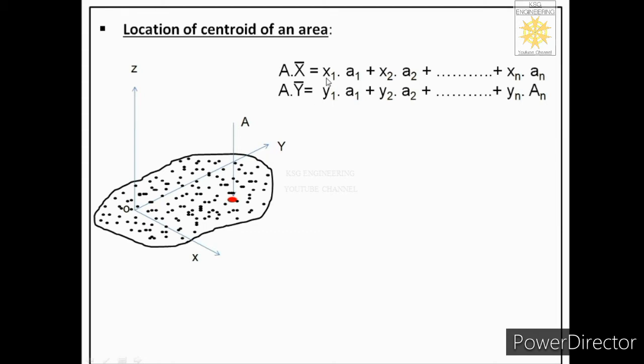So over here we have written A dot x bar equal to A1 dot x1, where x1 is the distance of, let us say, area A1. Let us say this is area A1. The distance of area A1 from the y-axis is, let us say, x1. So if we multiply the area A1 with x1, that will be the moment of area A1 about the y-axis.